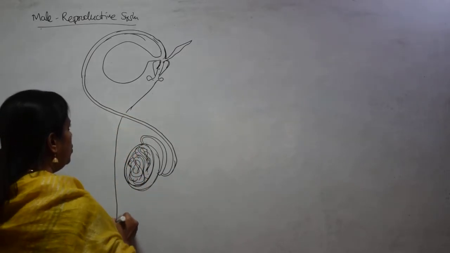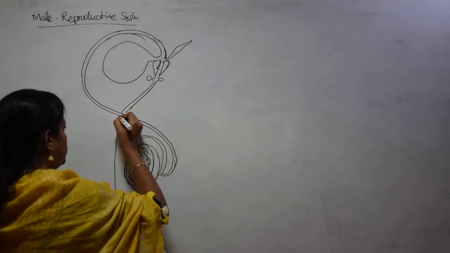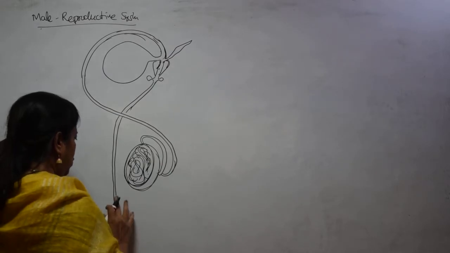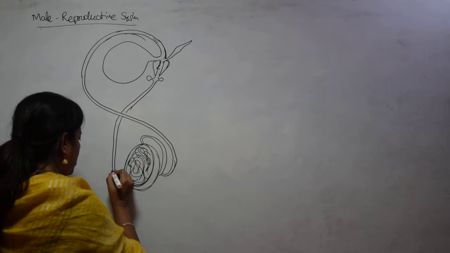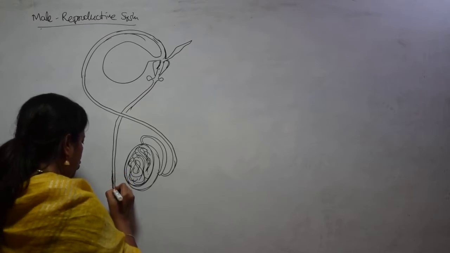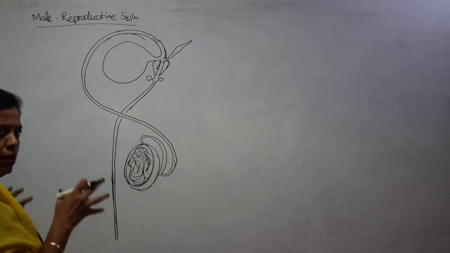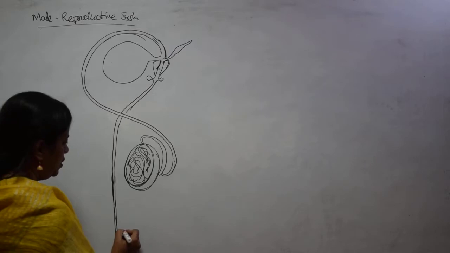You have to draw this duct very neatly, because most of the time the beauty of the diagram is important. You should draw it properly. See, I am showing you how to draw it; otherwise, if I put up a ready diagram, you will not be in a position to copy it. So here is the penis.